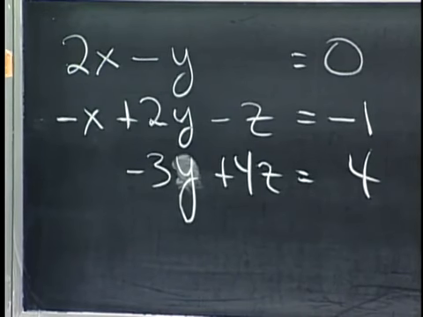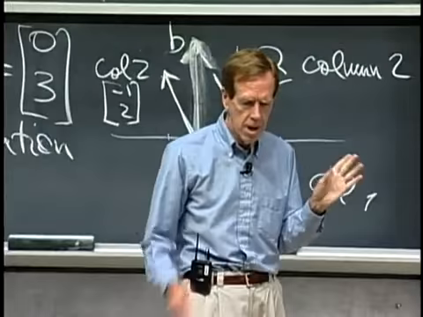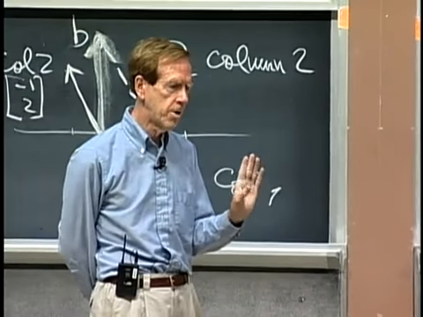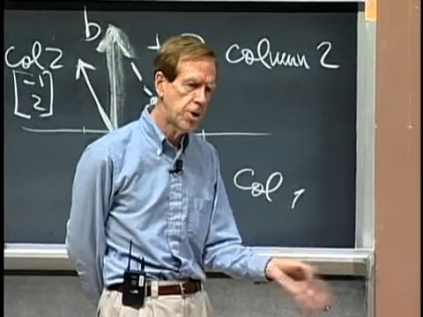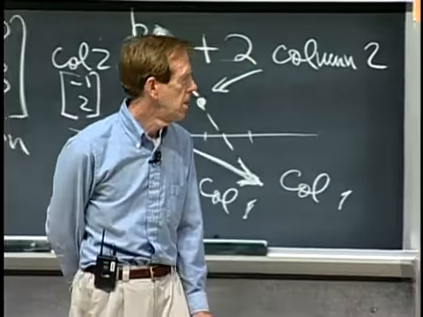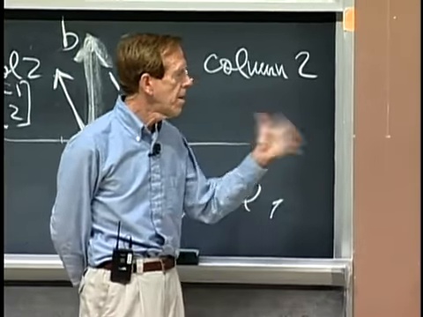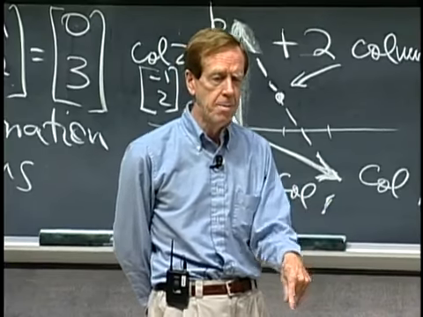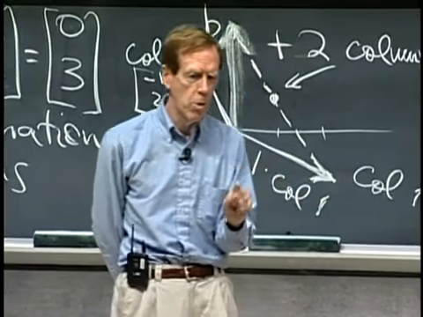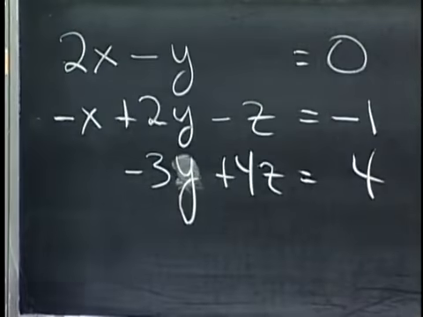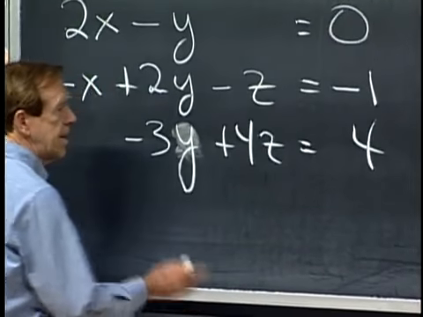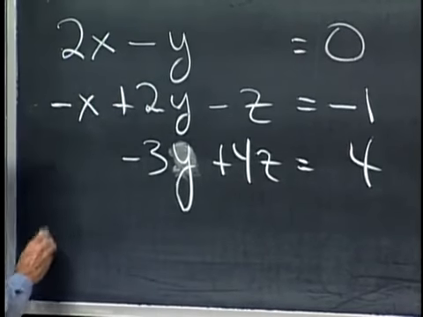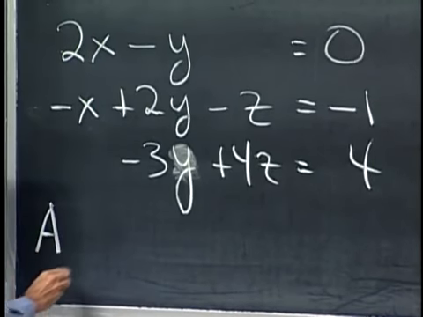And I don't have a solution yet. So I want to understand the equations and then solve them. Okay. So how do you understand them? The row picture is one way. The column picture is another very important way. Just let's remember the matrix form here, because that's easy. What's our matrix A?